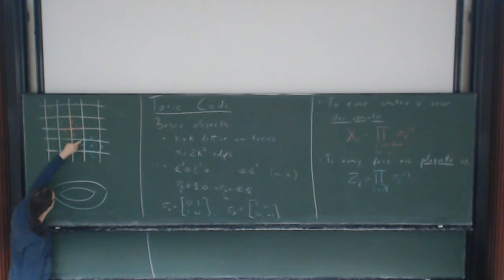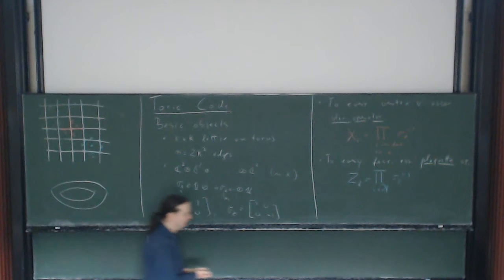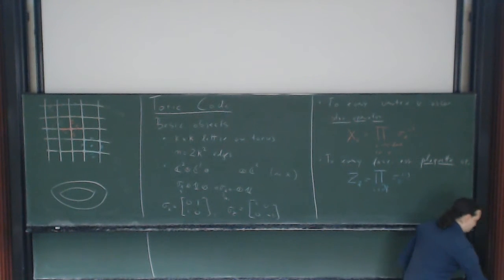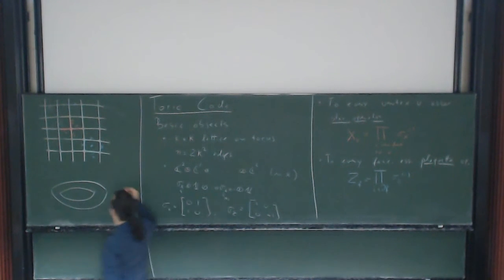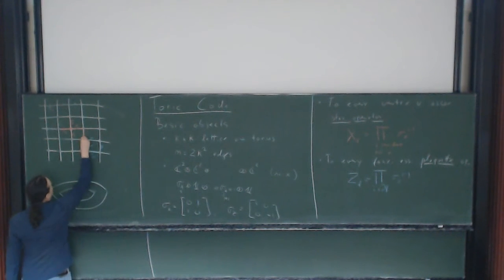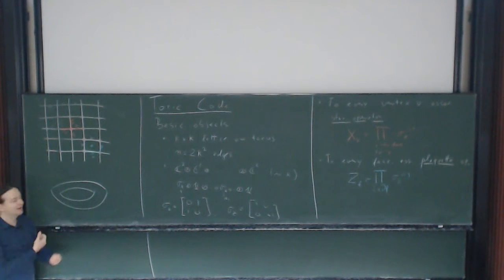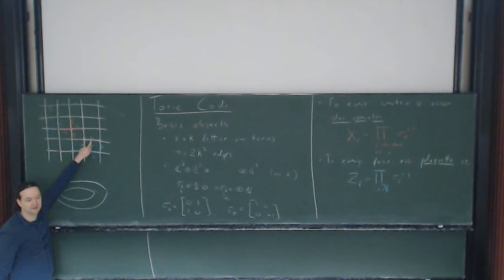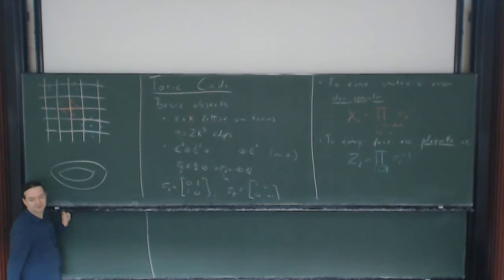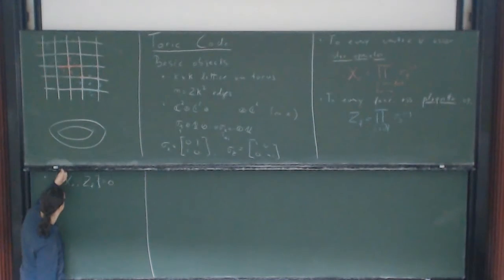Or if they do meet, if I take the star operator that has some overlap to a plaquette like this one here, then by construction, they will overlap in two places. And if I commute them past, I incur a sign of -1 here and a sign of -1 there, and they cancel. And so they also commute, right? Because they always meet an even number of places. Okay? And now this is the first time where this geometry enters.